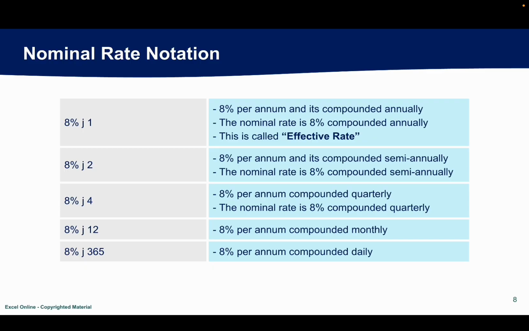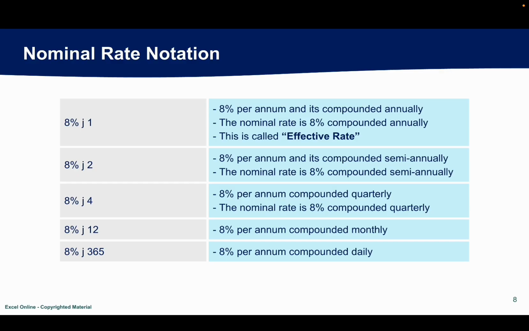Now these are some examples of nominal rates in the J notation, starting with 8% J1, which means 8% per annum, and it's compounded annually. J1 has a nickname which is called the effective rate. 8% J2 is compounding it semi-annually. 8% J4 is compounding it quarterly. 8% J12 is compounding it monthly.